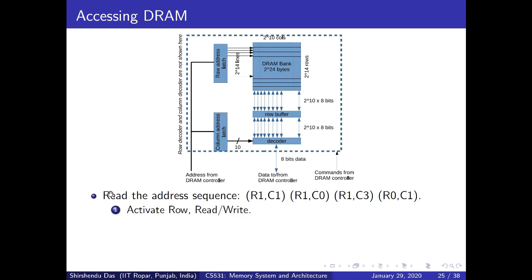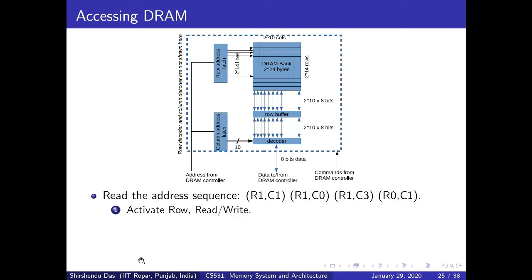So first of all, we have to activate this row. The moment we activate this row, all the content of row number 1 will be available in the row buffer, and then read or write. After activate, all the content of row number 1 is available in the row buffer, and then through the column address we send the address of C1, and based on this R1C1 can be read.